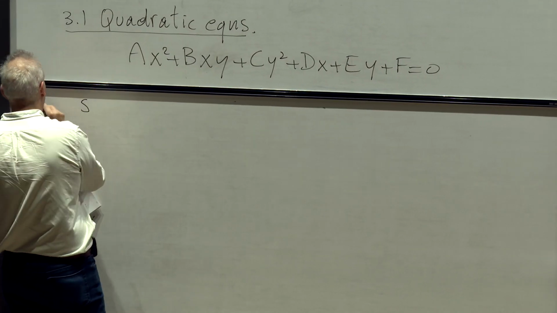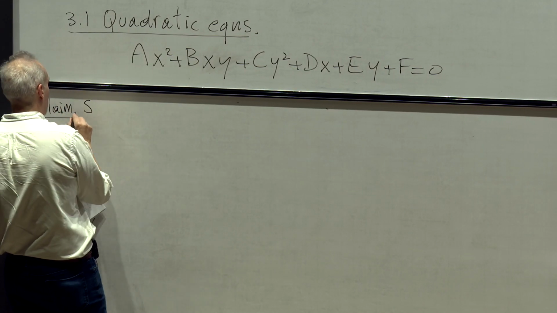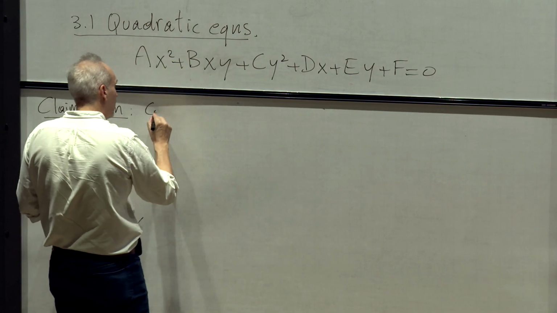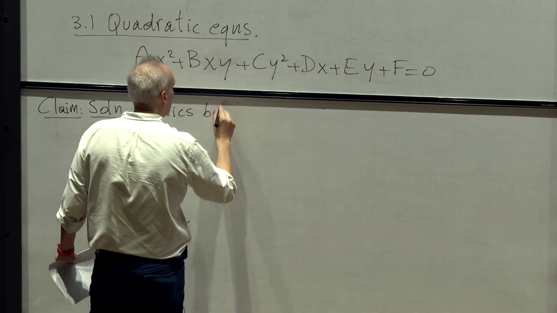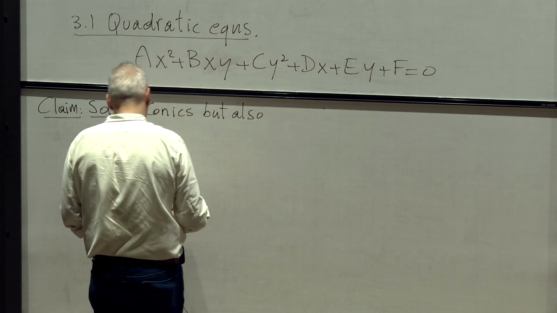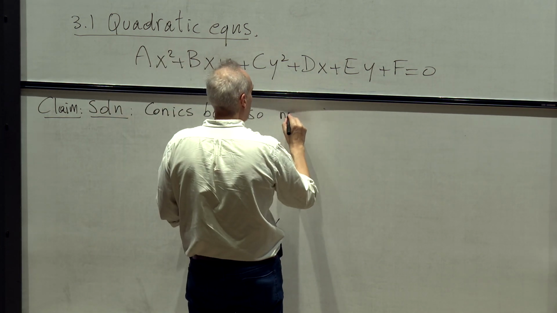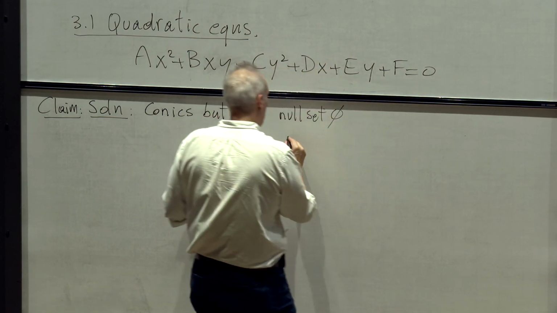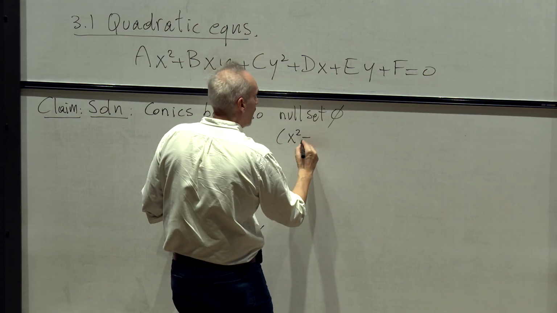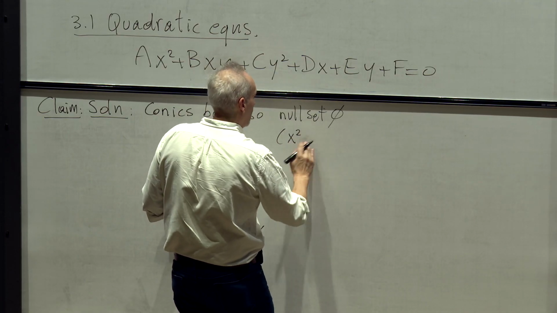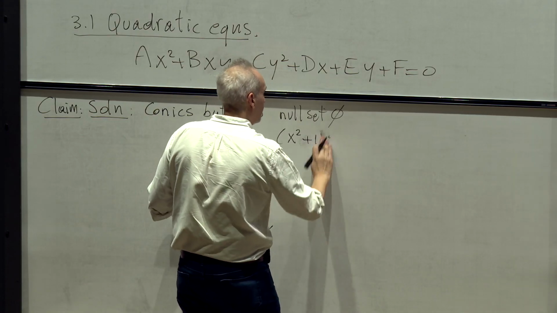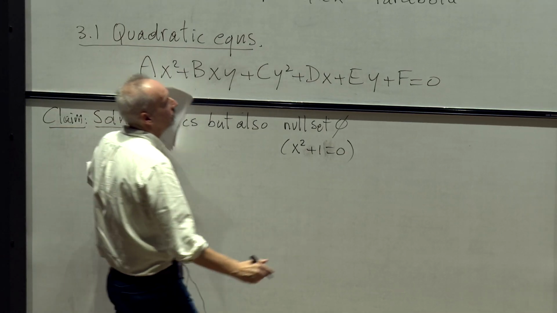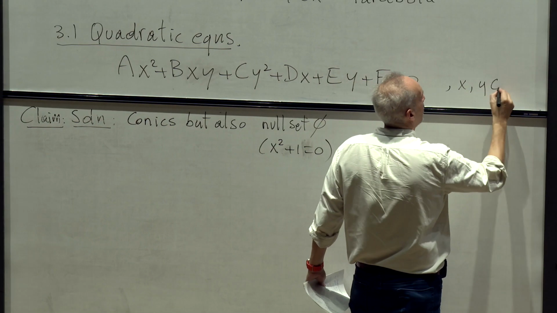And my claim is the solutions of this equation are the conics, but in addition, we have the null set. That's easy to see. You take, for instance, x² plus 1 equals 0. You choose the coefficients, and you see that there is no (x, y) in R. So we're looking for (x, y) in R.